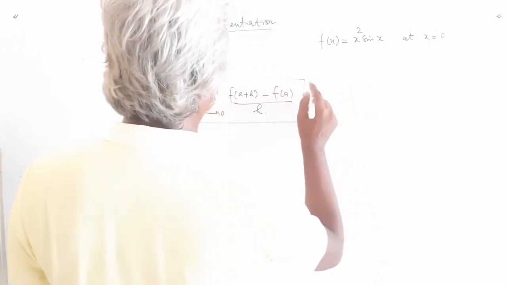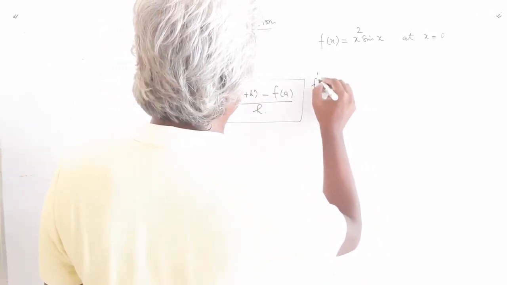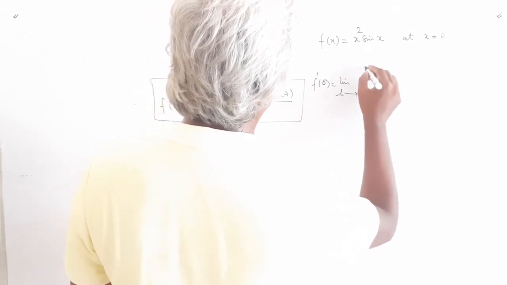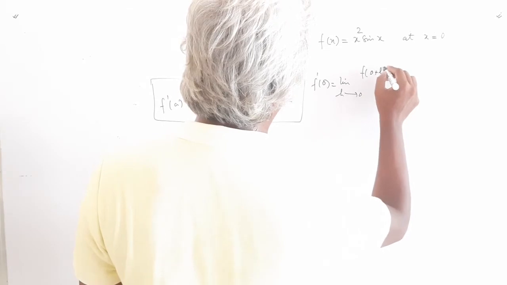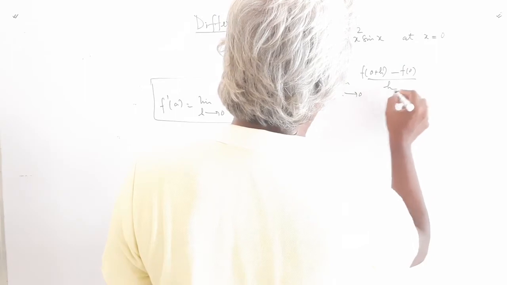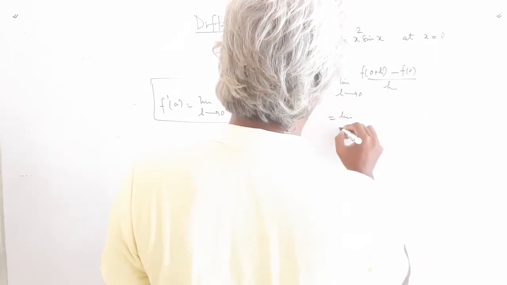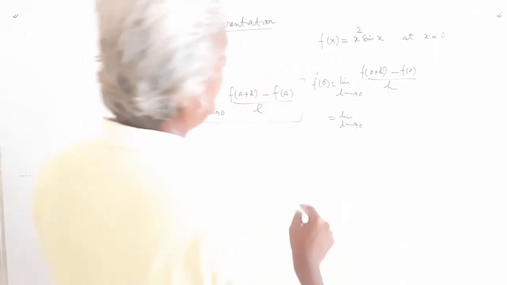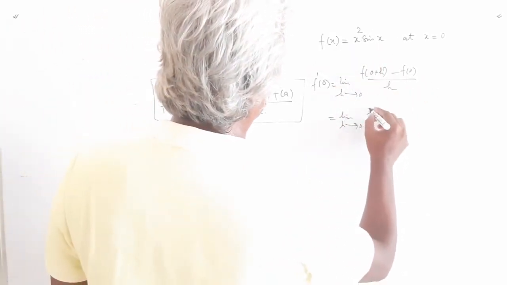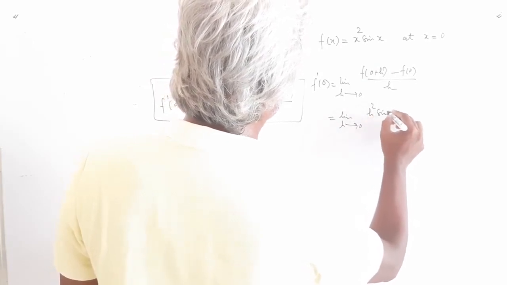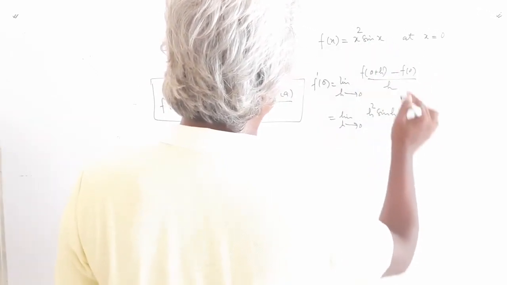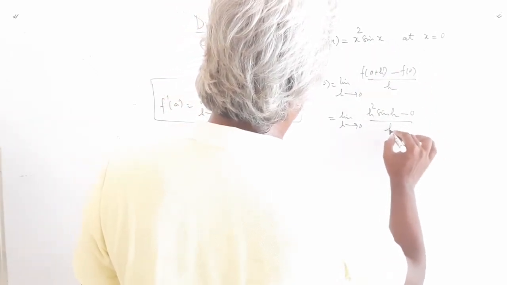Then we use the definition, that is f dash 0 is the limit as h tends to 0 of f(0 plus h) minus f(0) over h. So f(0 plus h) is just f(h), which becomes h square sine h, and minus f(0), if you replace x by 0, this value is just 0, over h.